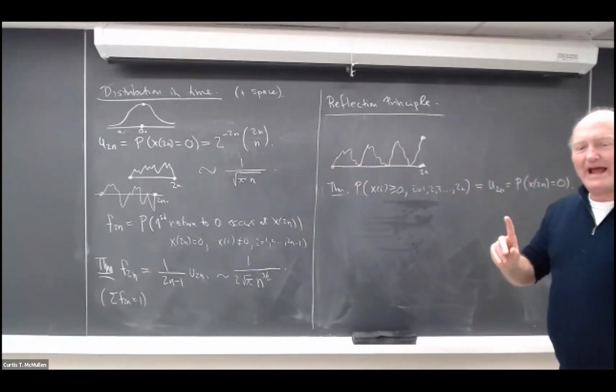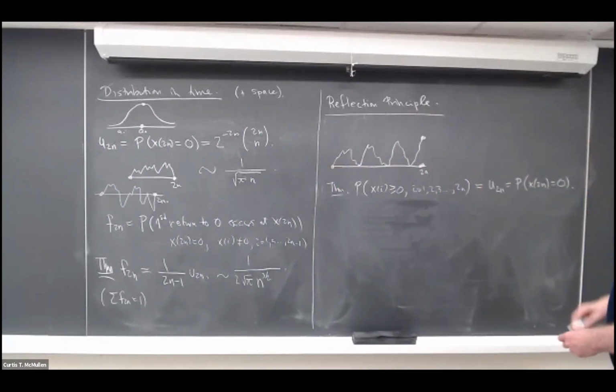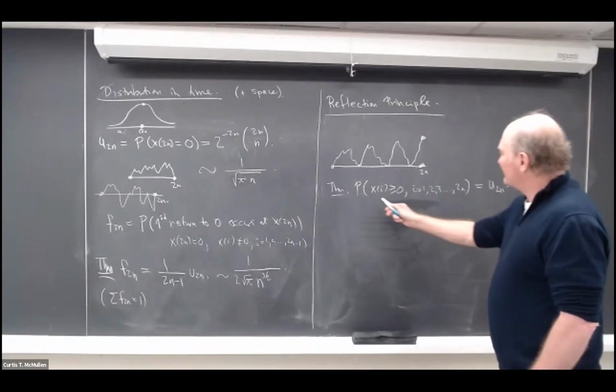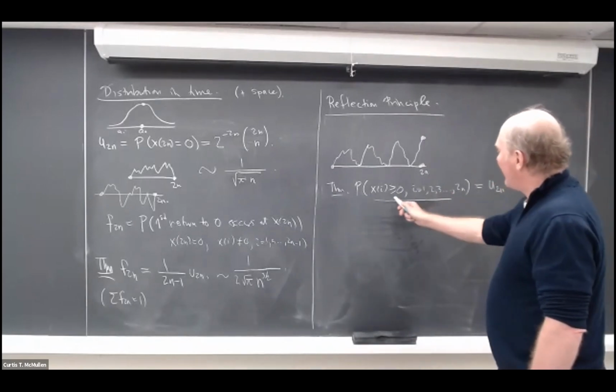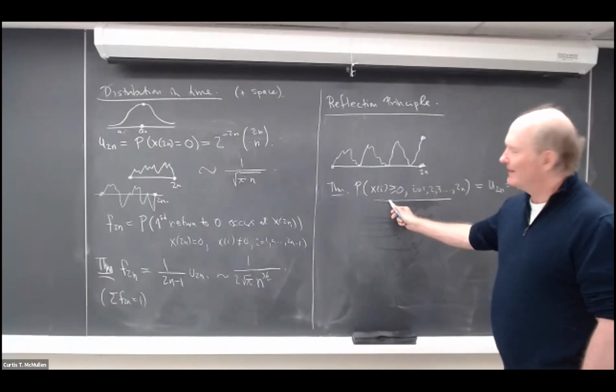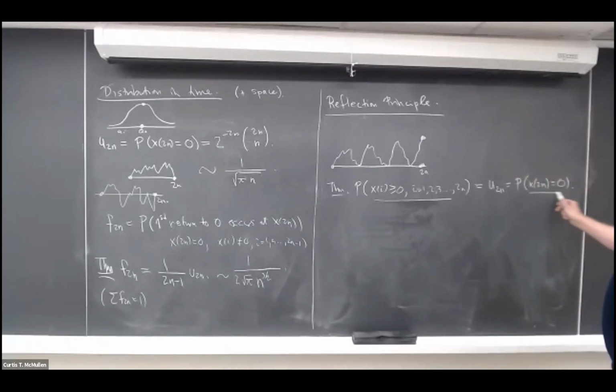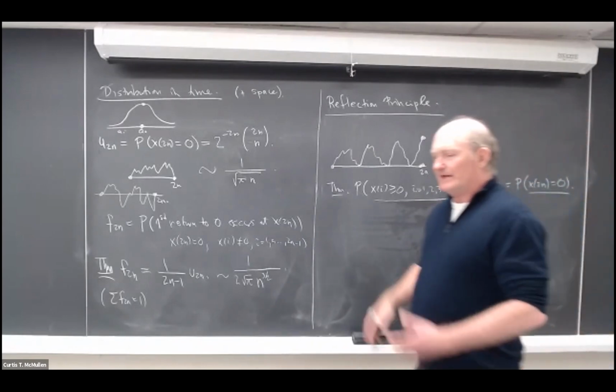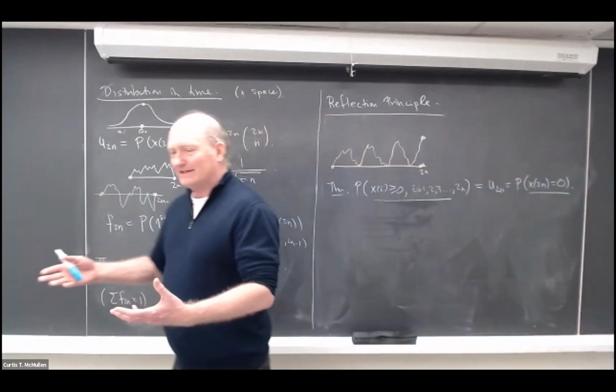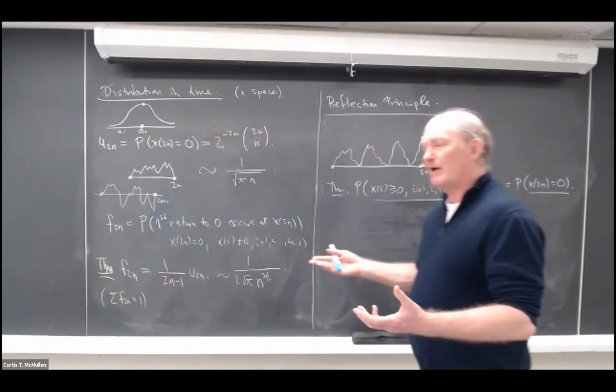But there's a better way to try to prove this theorem. The better way is to try to prove that every path that does this can be canonically associated to a path that does this, and vice versa. There are only finitely many paths of length 2n, and they each have the same probability.